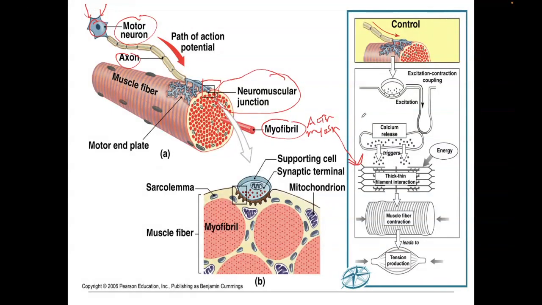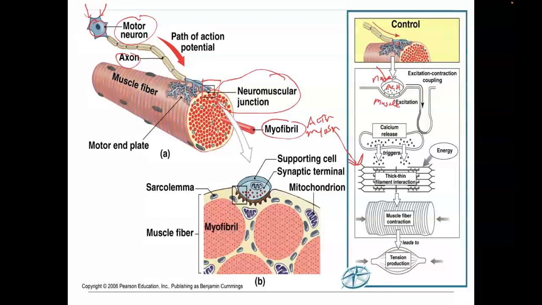So right up here on the top right, this looks like the neuromuscular junction. This right here is the synaptic end bulb. And you can see those little dots are going to be acetylcholine. This is the muscle side.